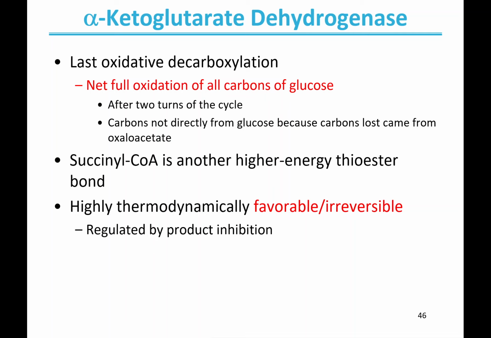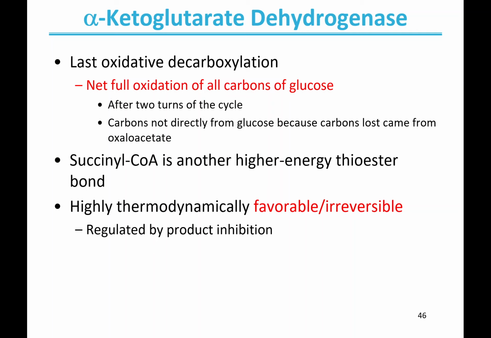Again, last oxidative decarboxylation, so net a full oxidation of all carbons from glucose. Glucose has 6 carbons, and it goes through glycolysis to make 2 pyruvates, 3 carbons each. When those 2 go through pyruvate dehydrogenase, you lose 2 CO2s.